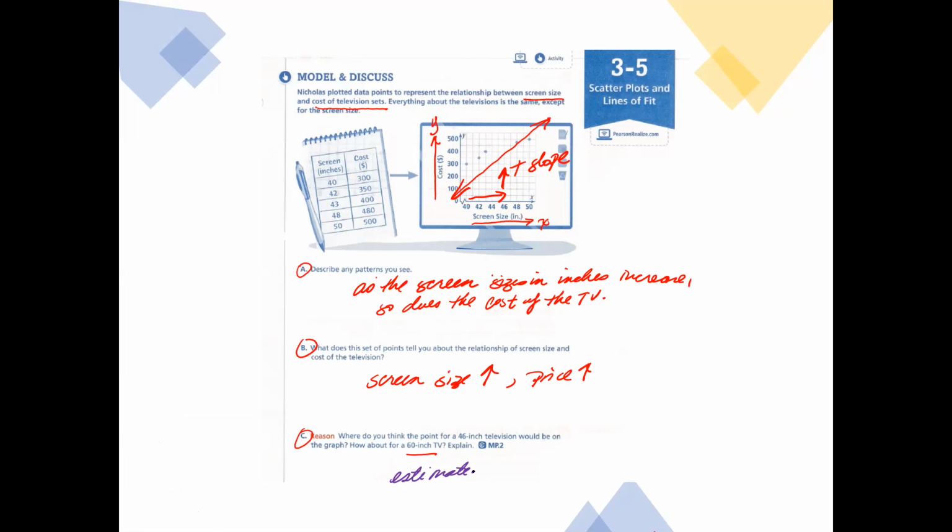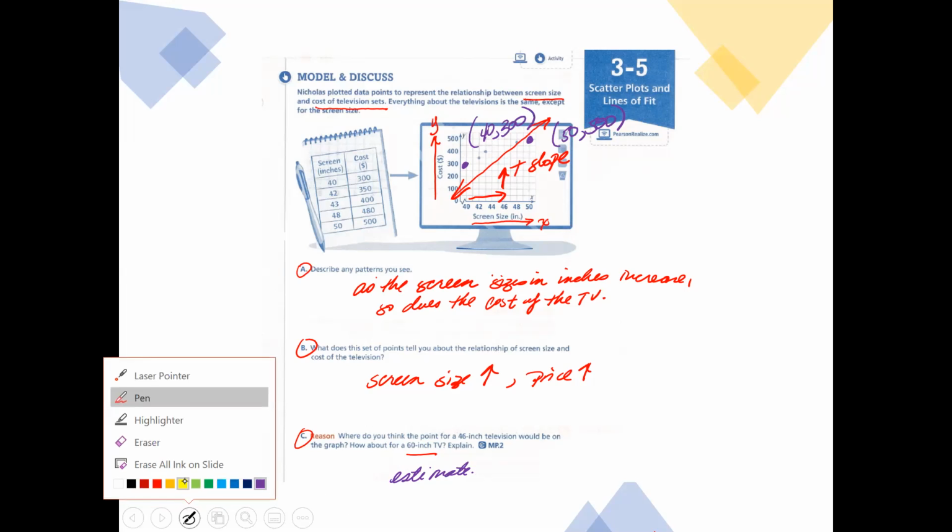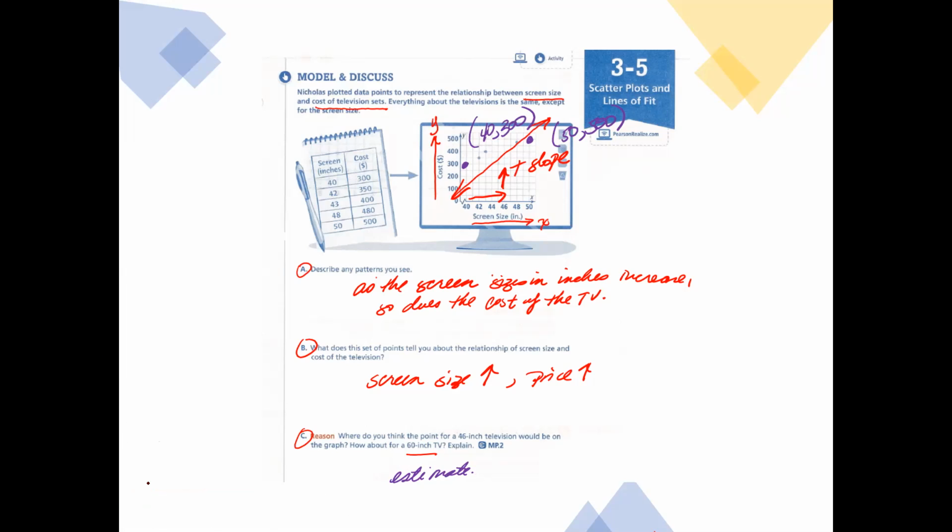Or if you decide to be a little bit more precise, you can take the furthest point, which is right here, and for a 50-inch screen TV, the cost of that is $500. Then you can take the smallest point, or the lowest point, and for a 40-inch screen TV, the cost is $300. So then what you do with those 2 points is, yes, you guessed it, you're going to find the slope of those 2 points.